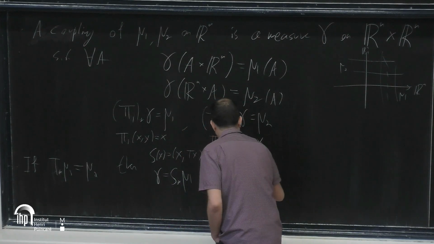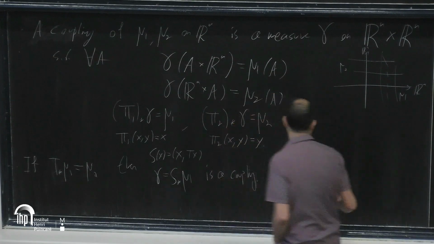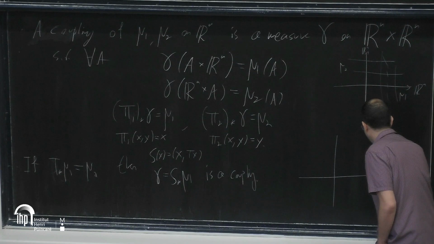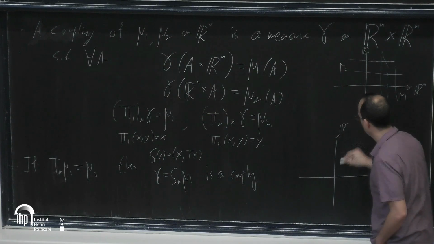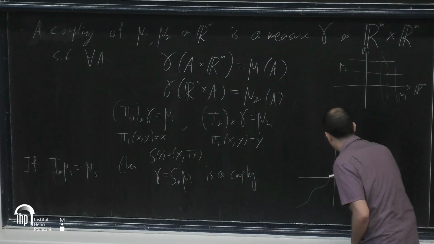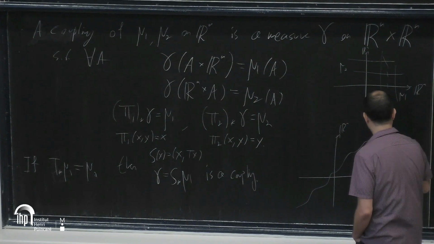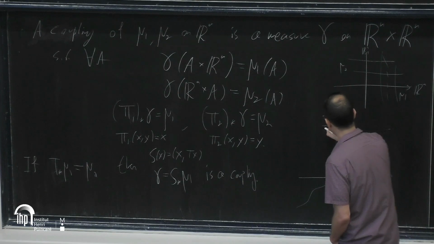Let's see what it means in the picture. Here lives mu1 and here lives mu2, and this is the graph of T. So this is x and this is T of x.